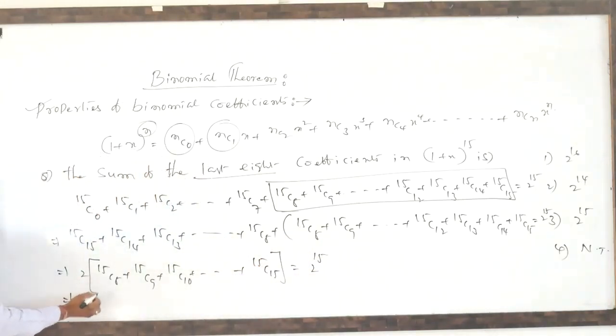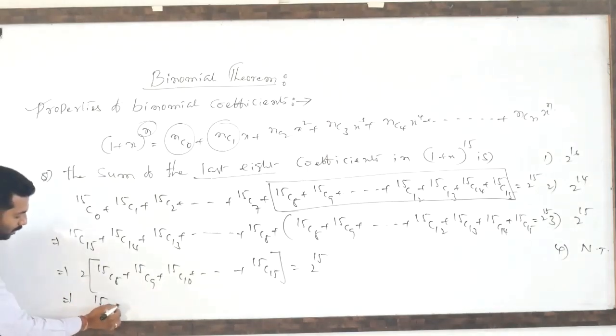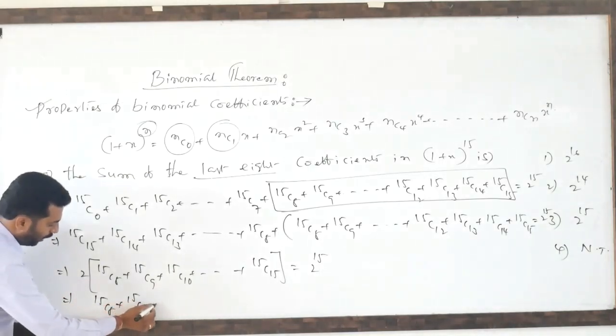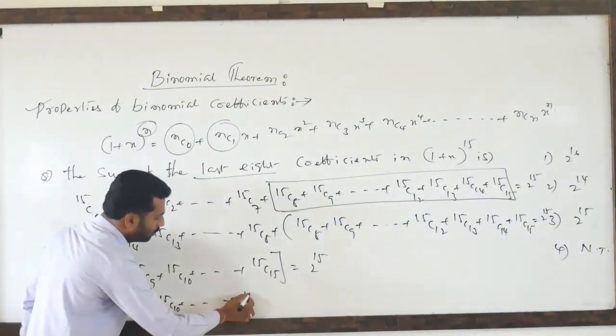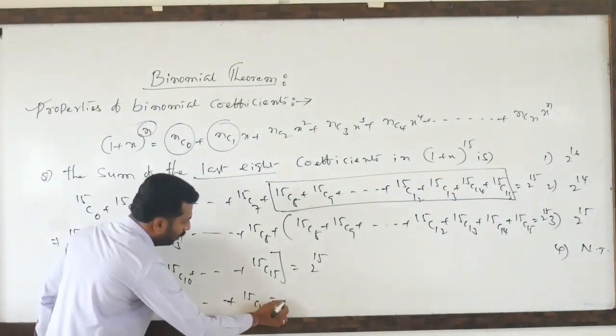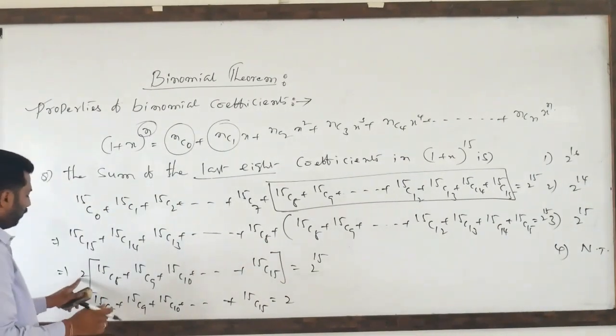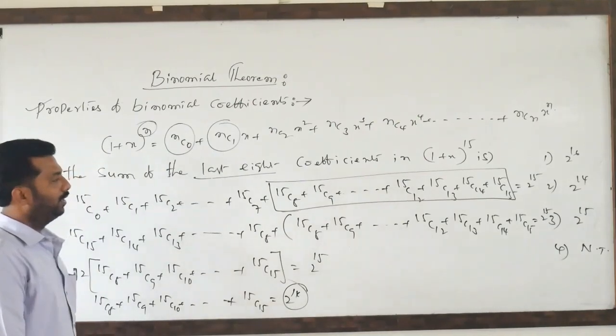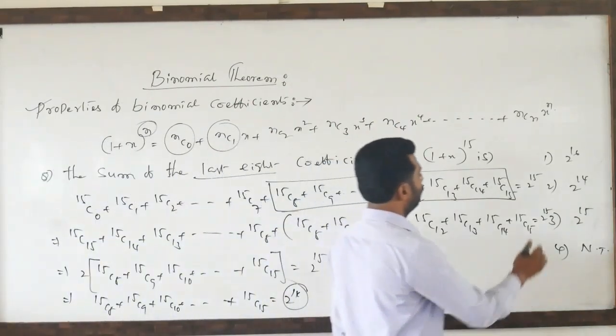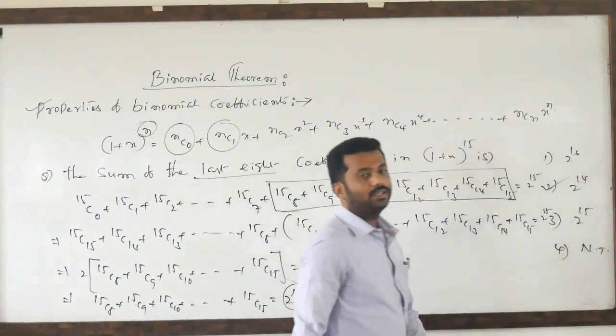Only we need this value. So 15C8 plus 15C9 plus 15C10 and so on plus 15C15 equals 2 to the power 15 divided by 2, means 2 to the power 14. What is the answer? 2 to the power 14 is the answer.